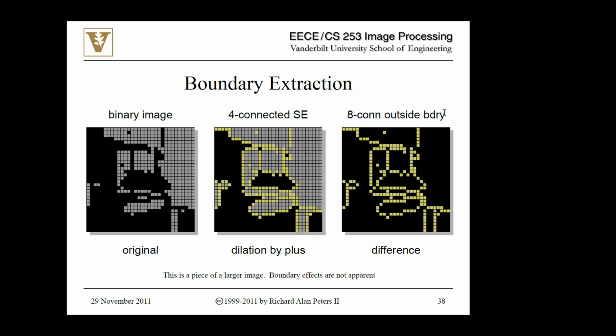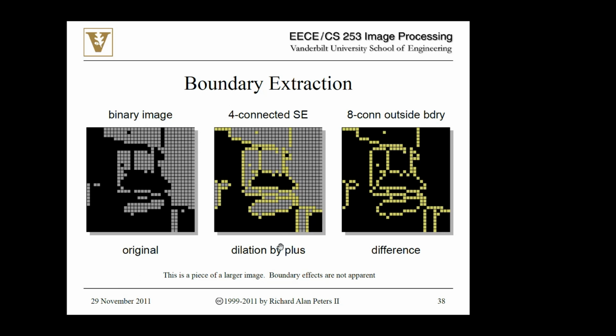Let's say that I want the boundary from the outside. Then what you do is dilate the original with set 4, and compute the difference, dilation minus original. This is the result, and it is outside. It is an 8 connected outside boundary.